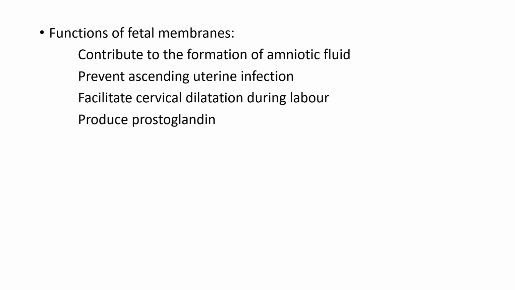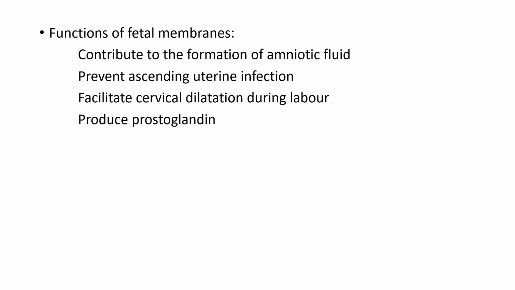During labor, amniotic fluid is present inside the fetal membranes. So this fluid-filled membrane will come and hit on the cervix. It is like a balloon filled with fluid; inside the amnion and chorion, amniotic fluid is there.